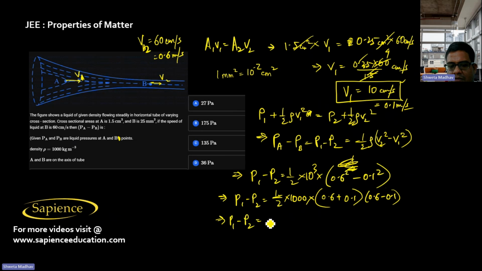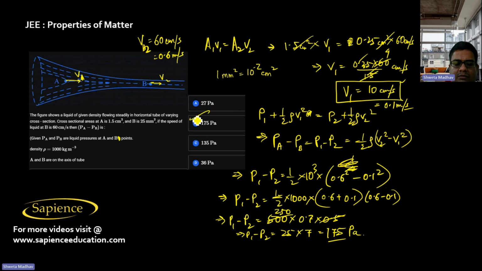P1 minus P2 is 500 into 0.7 into 0.5. So this is 250 into 0.7, which is 25 into 7. 7 5s are 35, 7 1s are 7, so 175 Pascal. So option B is the correct answer.